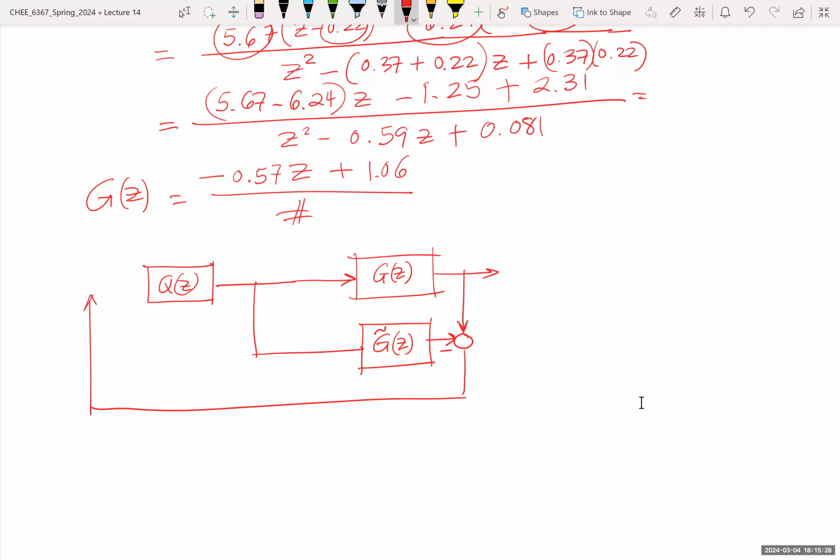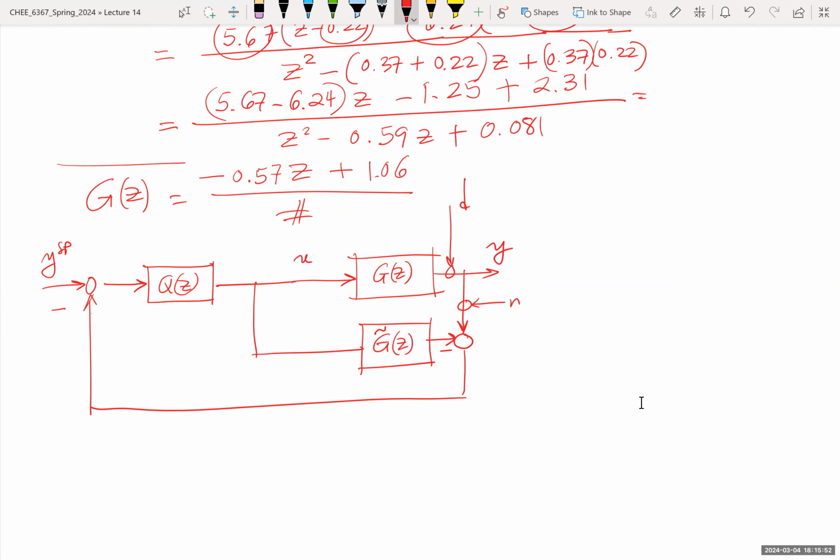And here, minus, this is my set point, and this is my input unit. This is my IMC feedback loop, and there may be a disturbance here, there may be noise here, there may be other things.